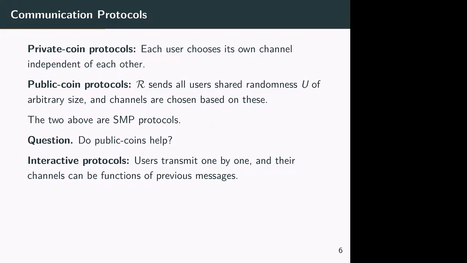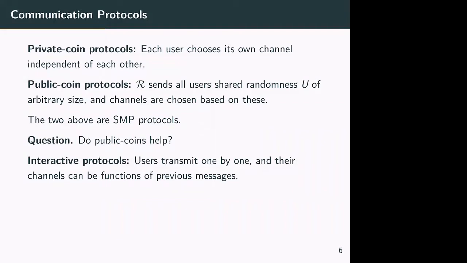have a little more complicated schemes, which we call public coin protocols, where at the first stage, the referee is going to send a bunch of randomness to all the players. So now it's like the server first sends public coins or shared randomness to all the users. Now all the users are synchronized at the value of the instantiation of U, and that is what they can use to determine their channels.